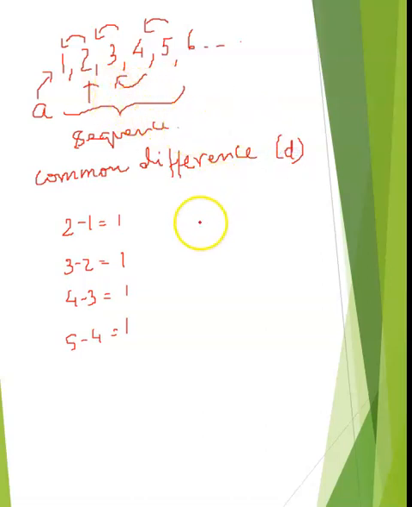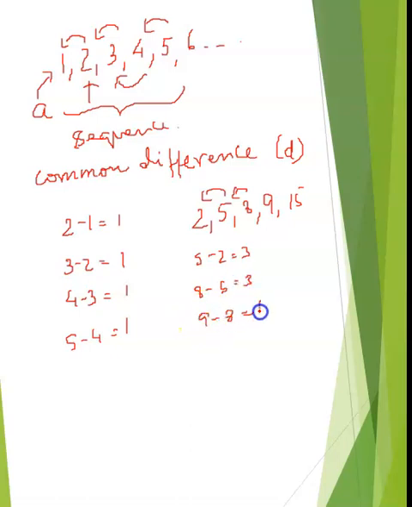Suppose I take any other sequence, suppose 2, 5, 8, 9, 15. If you see the difference, 5 minus 2 is 3, 8 minus 5 is 3, but after that we do not have the common difference. Here the difference is changing: 9 minus 8 is equal to 1.